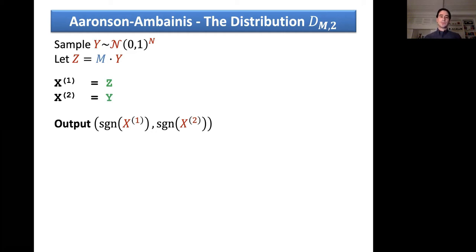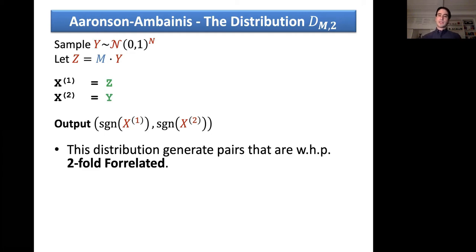We sample y to be a multivariate Gaussian with n coordinates. Each of them is a standard Gaussian, and all these coordinates are independent. Then we take this n-dimensional vector y, multiply it by the matrix M, and get an n-dimensional vector z. We take these 2 vectors, and we transform them into Boolean vectors by taking the sign of every coordinate.